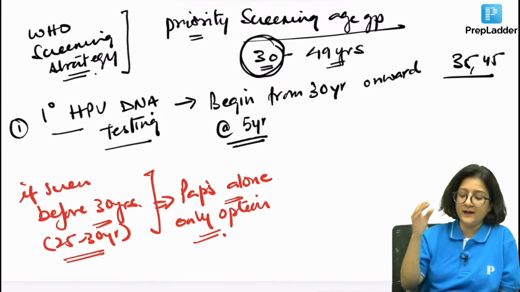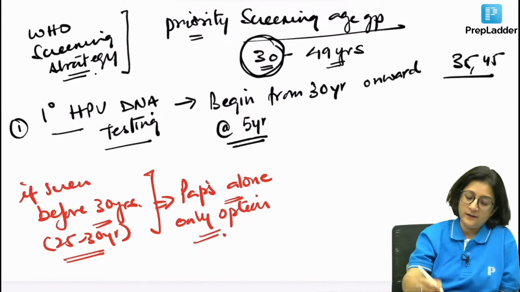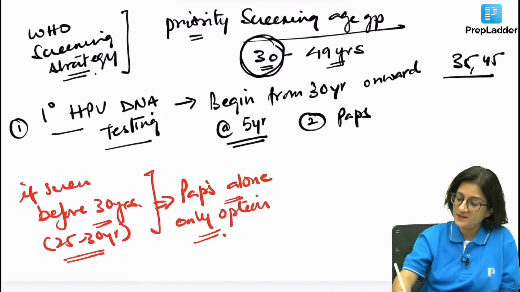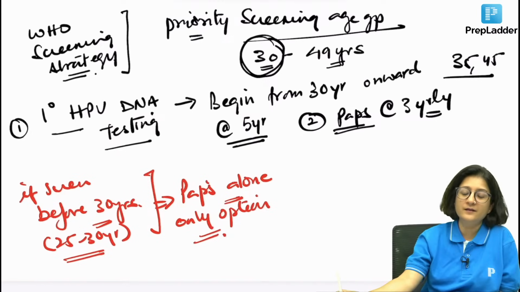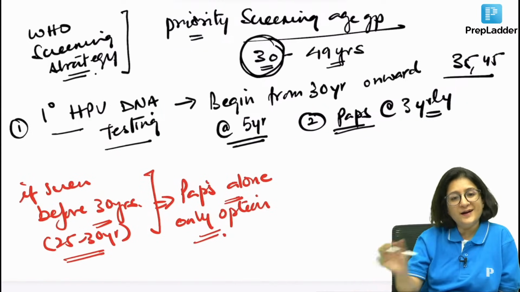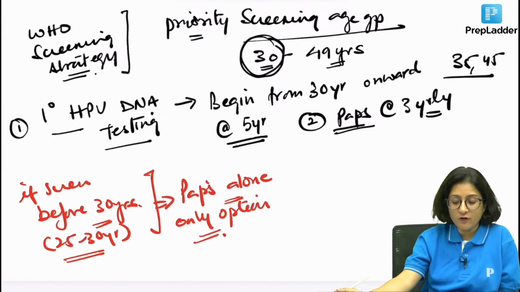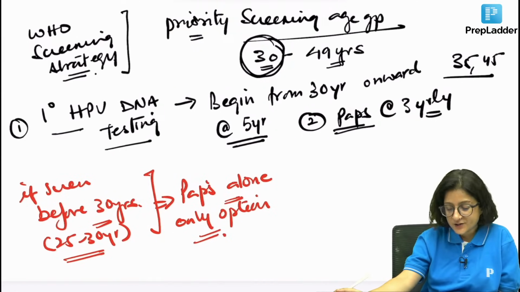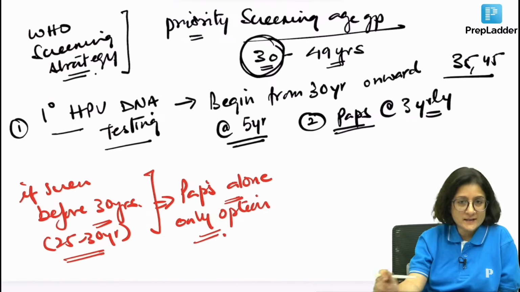The second screening strategy is Pap cytology, and it should be repeated every 3 years. So from 25 years onwards we can go for the Pap alone screening strategy.